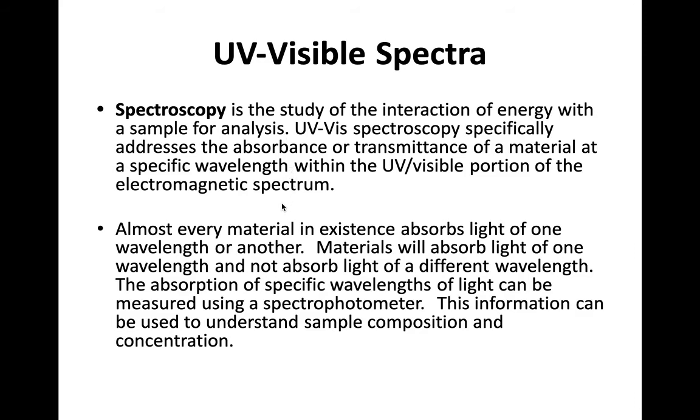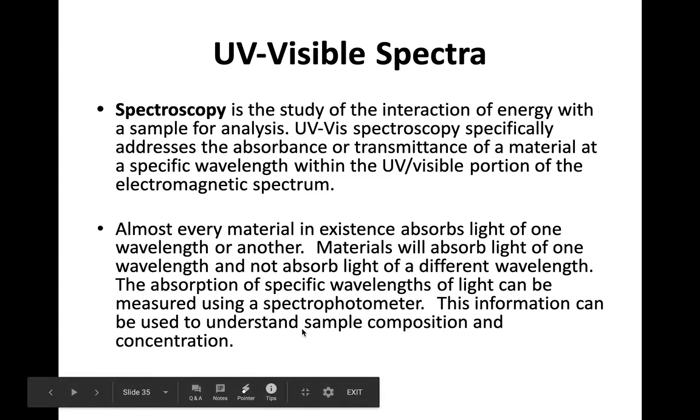And so as we know, almost every material will absorb some wavelengths of light. And we can measure what wavelengths are being absorbed and how much of them are being absorbed using a spectrophotometer. And this information helps us understand the composition and concentration of our sample.